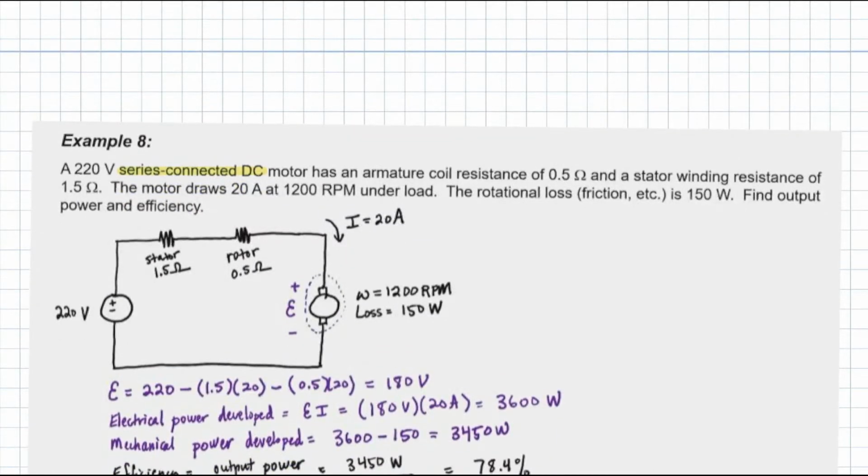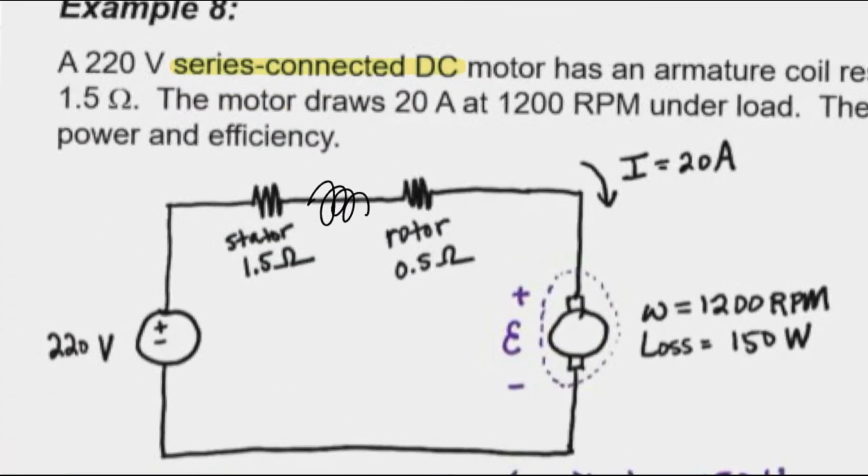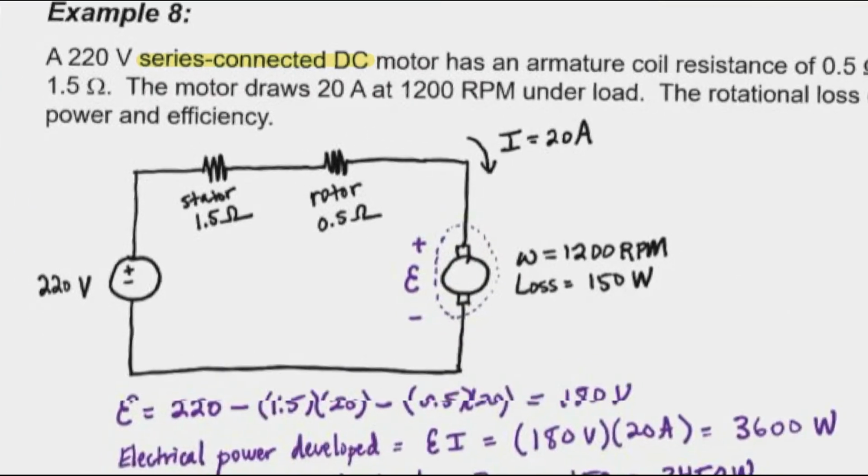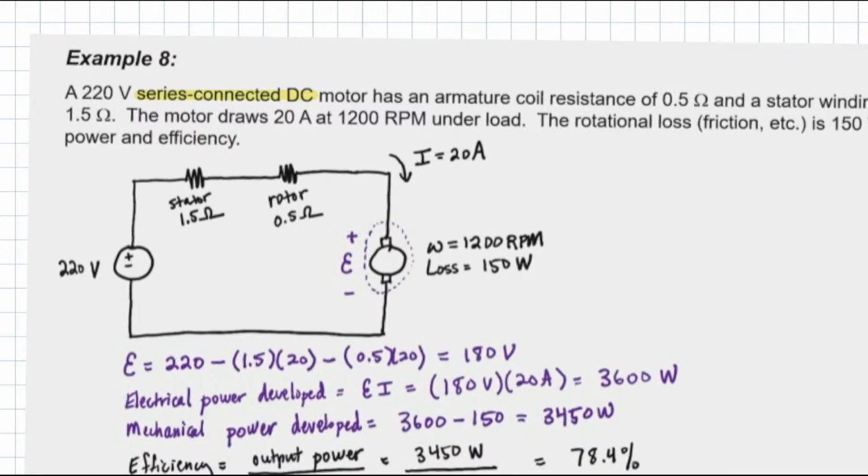You don't need to put the circles. They only represent the armature and the stator, not any value. The only thing representing a value is the resistance here. So if a strange circuit comes out, you will know which one represents which. This is the stator, this is the rotor.